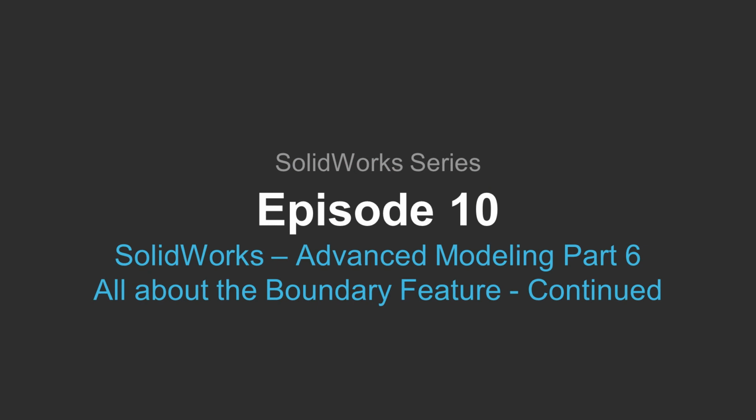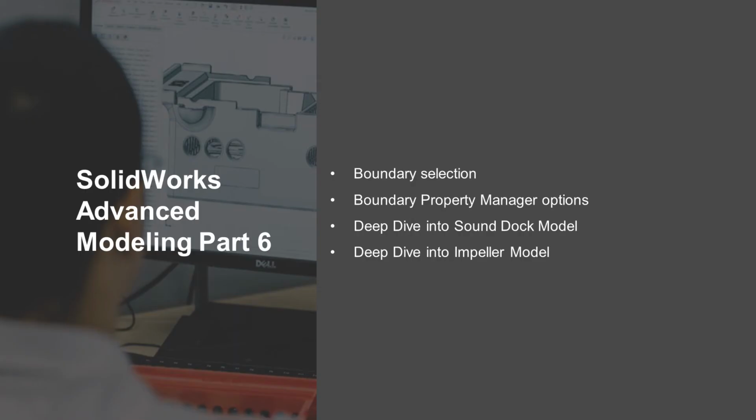Well, welcome to our Tips and Techniques SolidWorks series. This is episode 10, Advanced Part Modeling 6, and we're going to continue to talk about the boundary feature. In this episode, we'll be covering some more properties of boundary, some options, how to do selection using the selection manager with boundary.